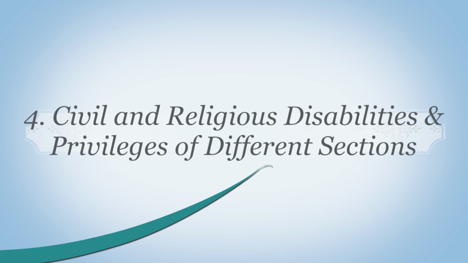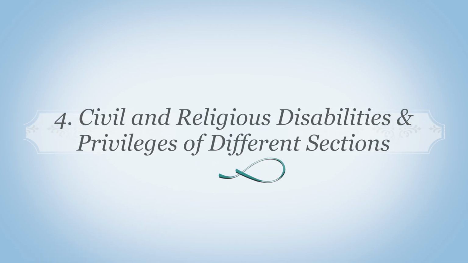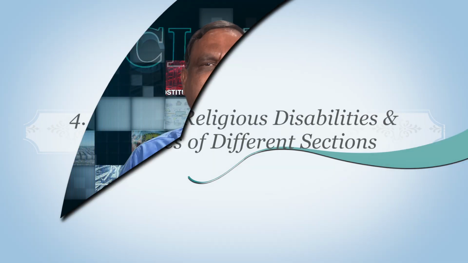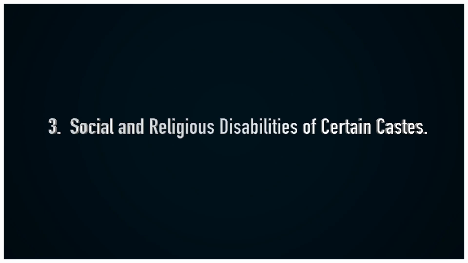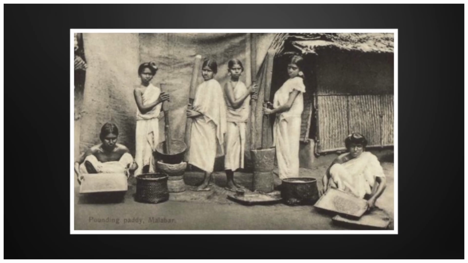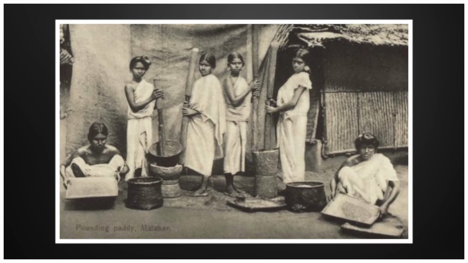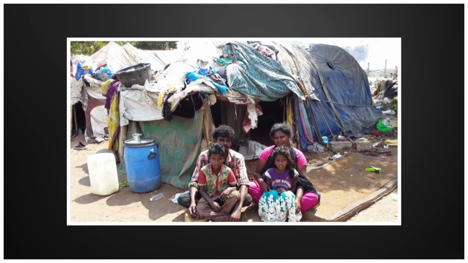Number 4, civil and religious disabilities and privileges of different sections. Social and religious disabilities of certain castes. In the traditional caste society, some lower caste people, particularly the Harijans, suffered from certain civil or social and religious disabilities.